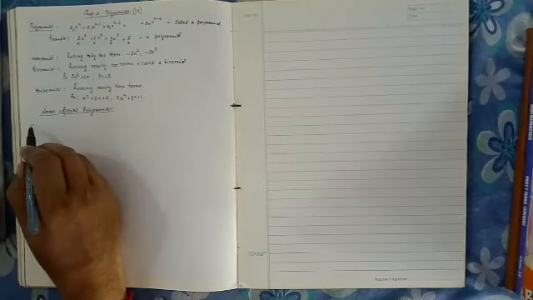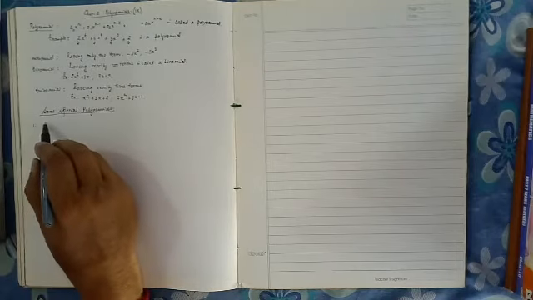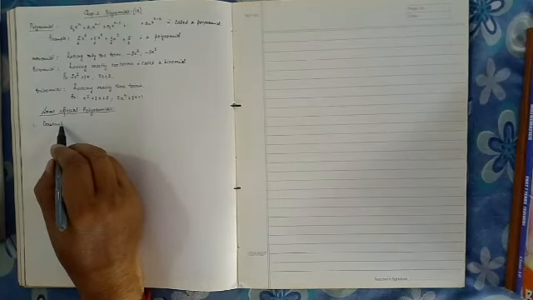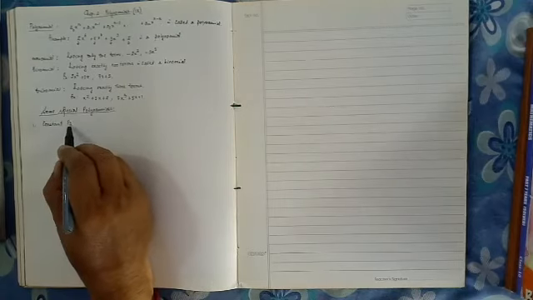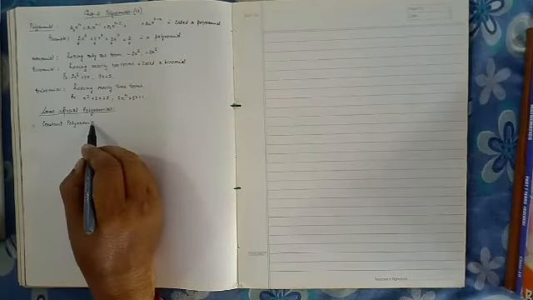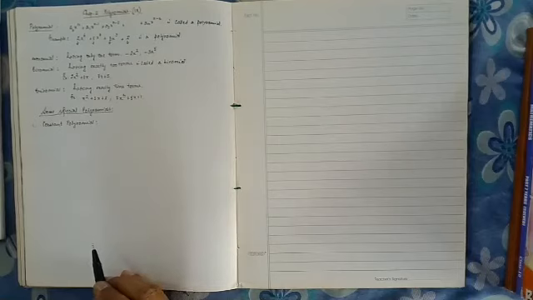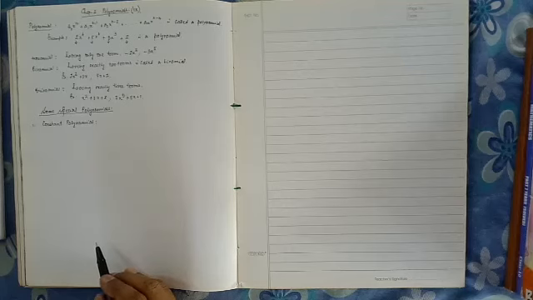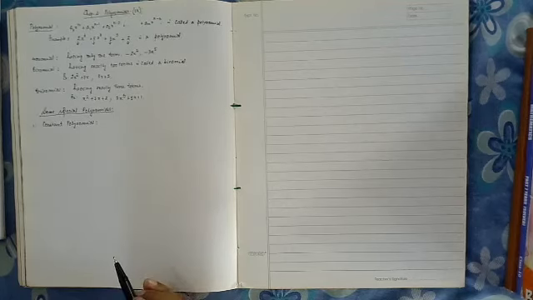Number one, constant polynomial. A polynomial with no variable is called a constant polynomial.